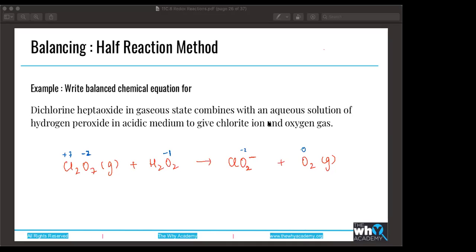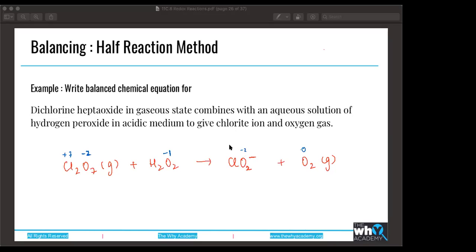O2 will have 0 oxidation state, because it is in the elemental state. And how does Cl have minus 2? Cl doesn't have minus 2, that you have to calculate. The minus 2 is written for oxygen.